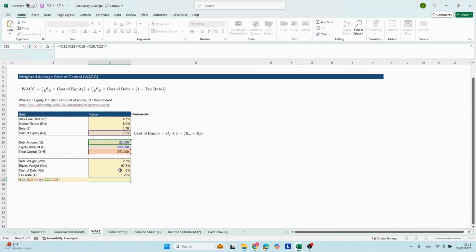We said it's 0%, times 1 minus the tax rate, and we get a weighted average cost of capital of 7.1%.